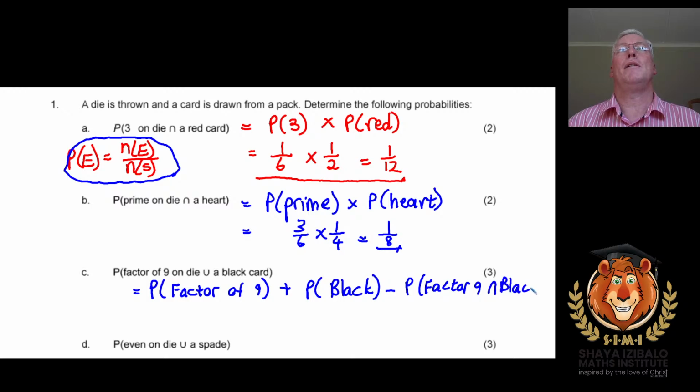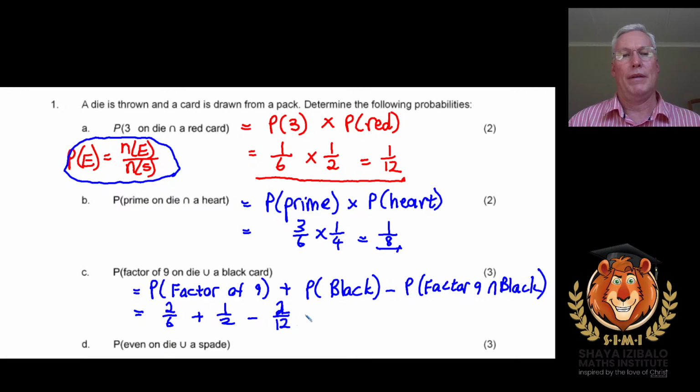Now, you can't necessarily multiply those unless you know that these things are independent, which they are. So the probability of a factor of 9, well, the only factors of 9 on a die are 1 and 3. So that's actually going to be 2 out of 6. And half the cards are black. And then because these things are independent, the probability of both of them happening is just the product of the 2 probabilities. So this is in fact going to be 2 out of 12. And so what we end up with is 2/3, in fact.